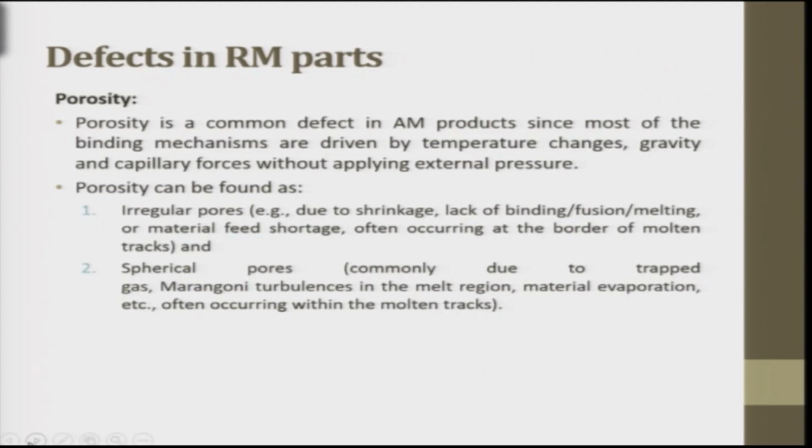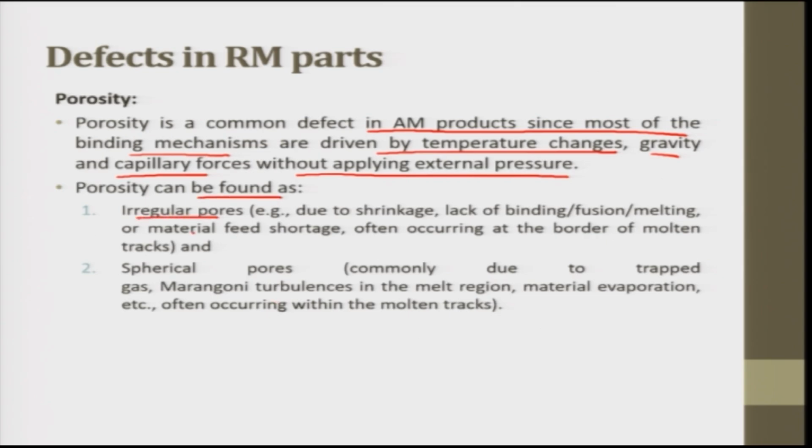Next defect is porosity. Porosity is a common defect in additive manufacturing products since most of the binding mechanisms are driven by temperature changes, gravity and capillary forces without applying external pressure. Porosity can be found as irregular pores and spherical pores. Irregular pores are due to shrinkage, lack of binding, fusion or melting or material feed shortage, often occurring at the border of the molten tracks.